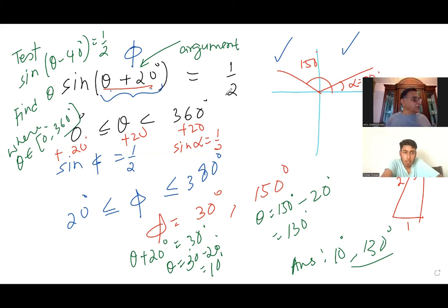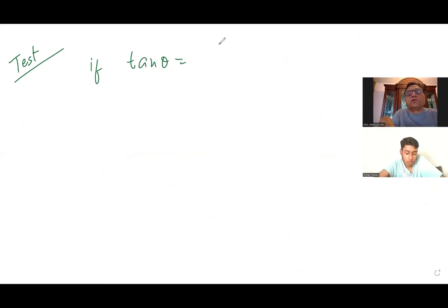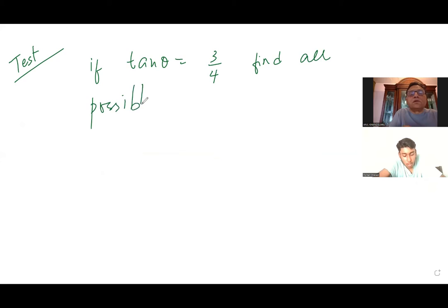Fine. Now let's look into other types of questions. Let me clear this. So here's another test question for you. The test question says that if tan theta equals 3/4, find all possible values of sin theta and cos theta.